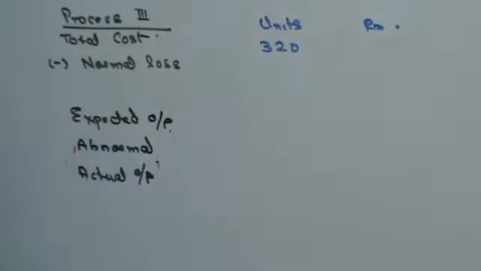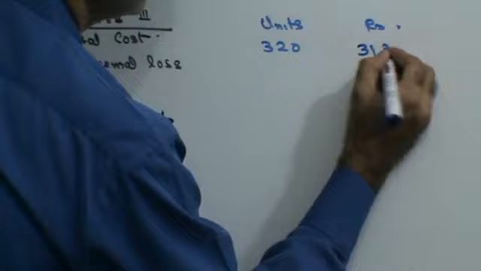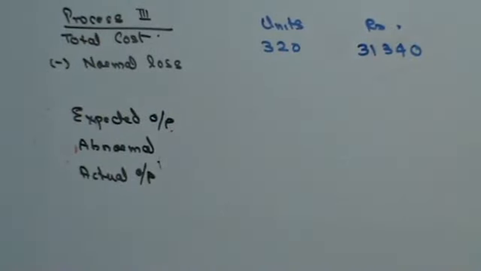So in terms of units, you will have 320. 22,040 plus 6,000 plus 2,200 plus 1,100 will be 31,340. Now your normal loss is given to you as 5%. So you will calculate 5% on 320. 5% on 320 is going to be 16 units.